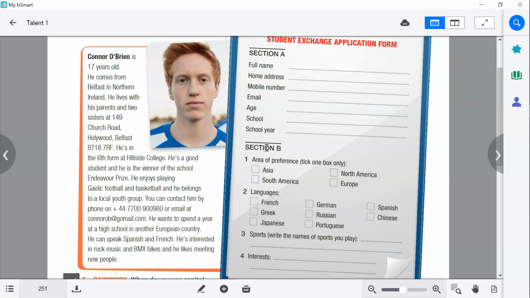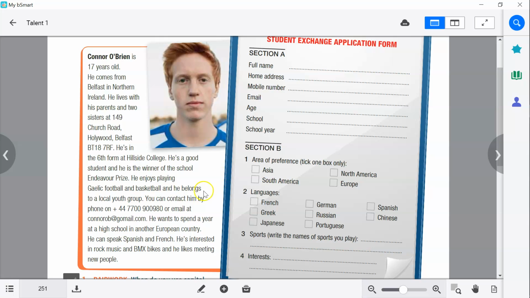He is a good student and is the winner of the School Endeavour Prize. He enjoys playing Gaelic football and basketball, and he belongs to a local youth group.